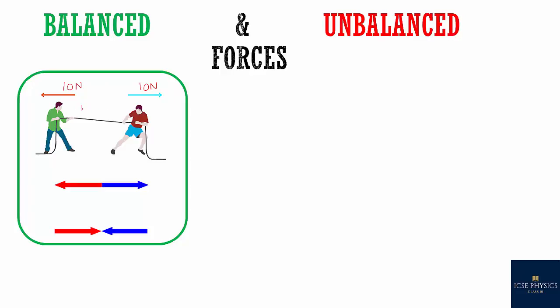The net force will be +10 - 10 = 0. So it's a balanced force. Similarly, if a body is completely at rest, it's also a balanced force. If a ball is moving with a constant speed of 5 meters per second, then it's also a balanced force.